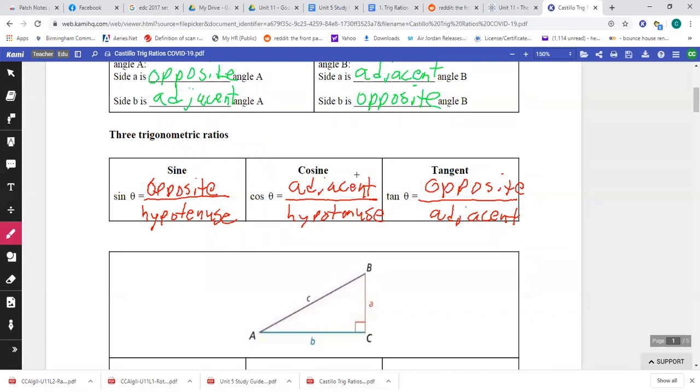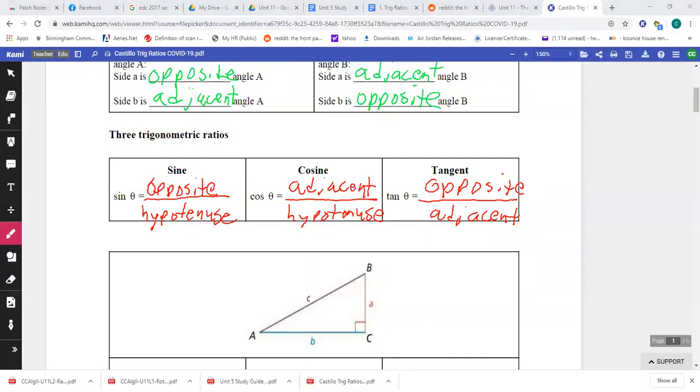This symbol next to it is the Greek symbol theta, as in what I'm typing out in the chat. It's just what we use to mean angle in trigonometry. So sine of a mystery angle is always going to be the opposite over the hypotenuse. Cosine is adjacent over the hypotenuse, and tangent's opposite over adjacent.